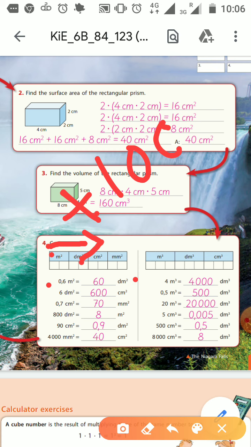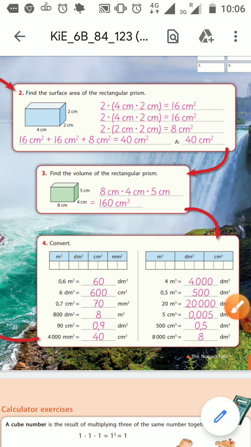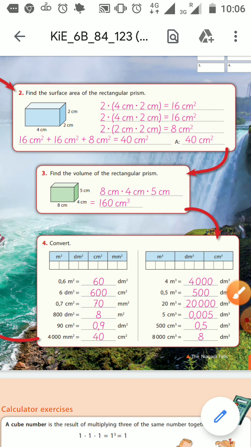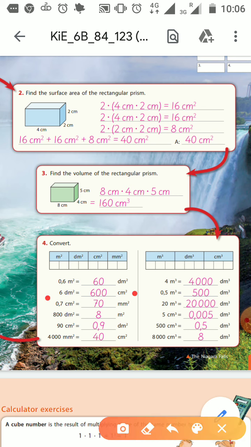So it's 0.6 times 100. Move the decimal point 2 places, and you get 60 decimeters squared. All right. Next one, 6 decimeters squared into centimeters squared. So again, you're just going to times that by 100, aren't you? Because it's going from decimeters squared to centimeters squared.